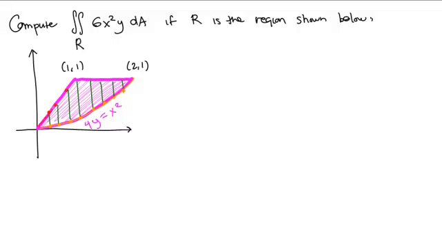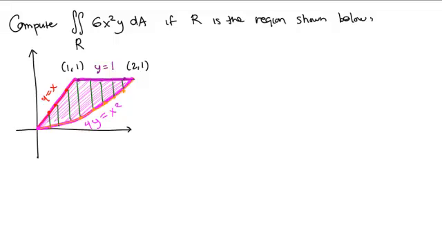Some of these vertical lines have this diagonal line, y equals x, as their top edge, but others have the horizontal line y equals 1 as their top edge. So it's not a vertically simple domain, and that means Fubini's theorem doesn't apply.